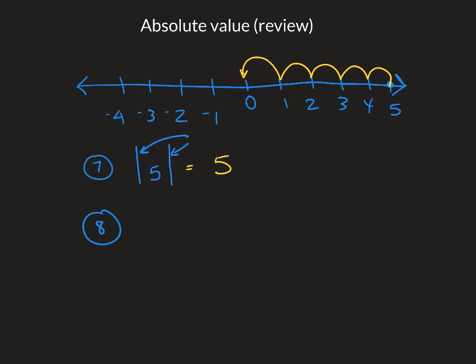So these lines, all they mean is absolute value of. The lines are a symbol, Chloe. They're a symbol, everybody, for absolute value. So whenever you see those lines, it tells you immediately absolute value. The same way that these guys mean parentheses, the other lines mean absolute value. Okay, so that's how you read that. The absolute value of 5 is 5, and it's always positive.